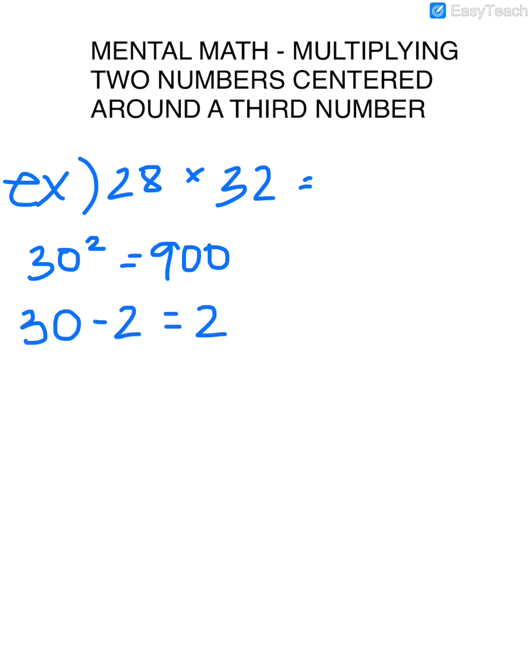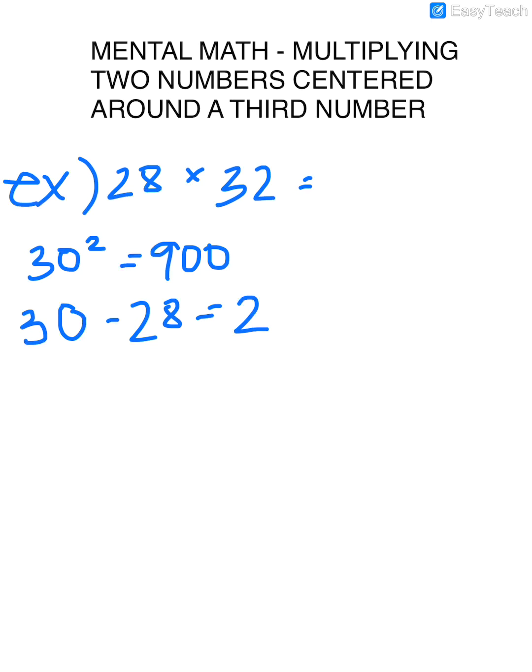Wait, I'm so sorry, I messed up. I rushed through it a bit. You find the middle number, which is 30, and then you subtract it from one of these two numbers, and that gives you 2. What you could just do is see that 28 and 32 are both 2 away from 30, so your answer is just 2.